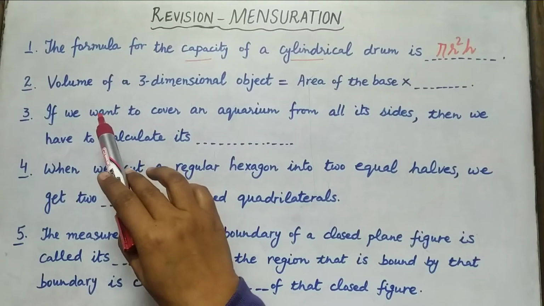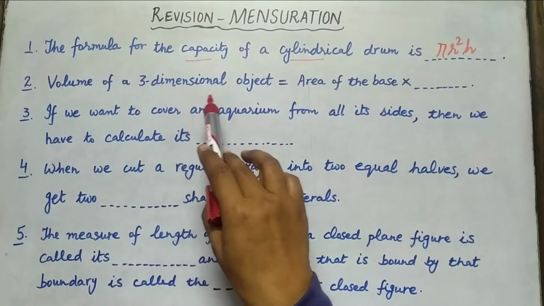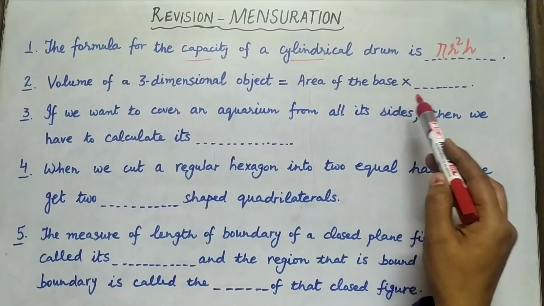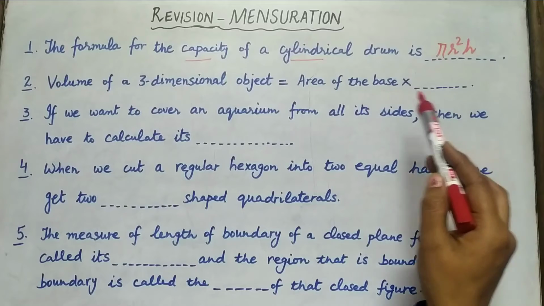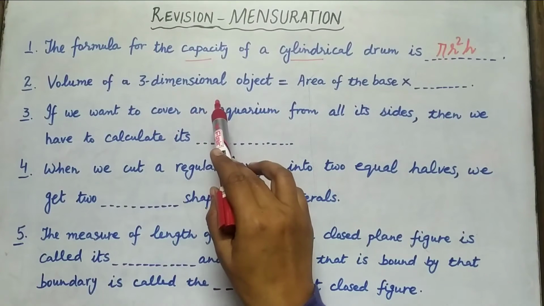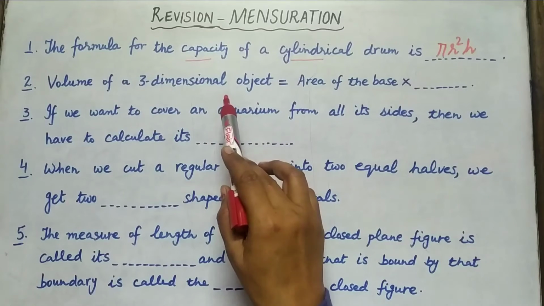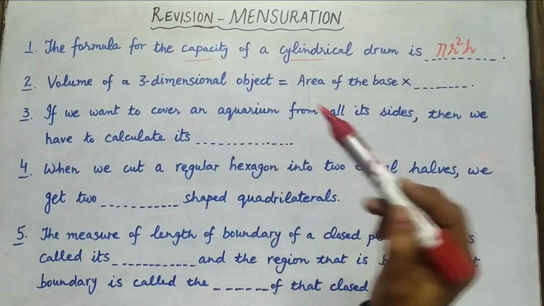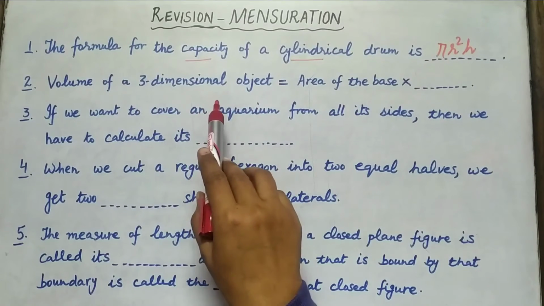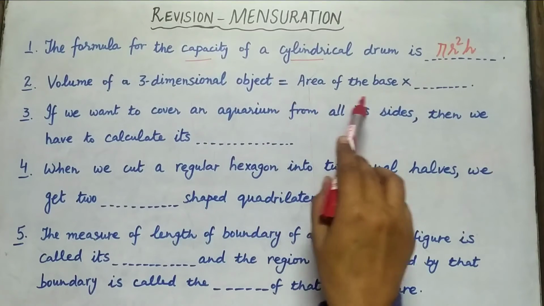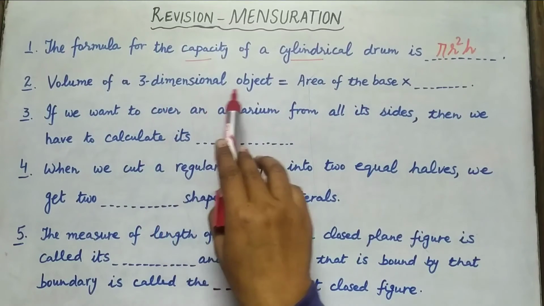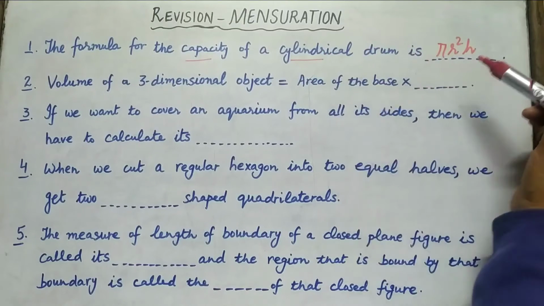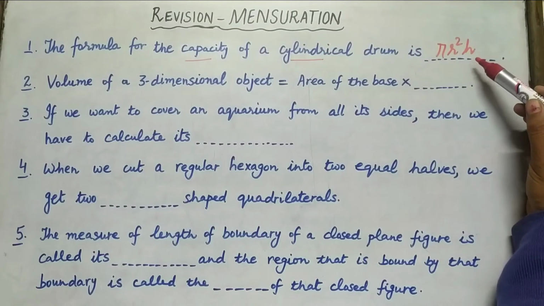Second, the volume of a three-dimensional object is equal to area of the base into dash. Here, three-dimensional objects can be a cube, cuboid, cylinder, cone, etc. In our previous videos, we have studied this topic, the volume of three-dimensional object. Let us take the example of the first one, cylinder. Its volume is pi r square h.